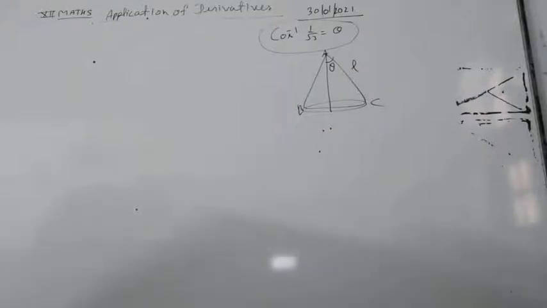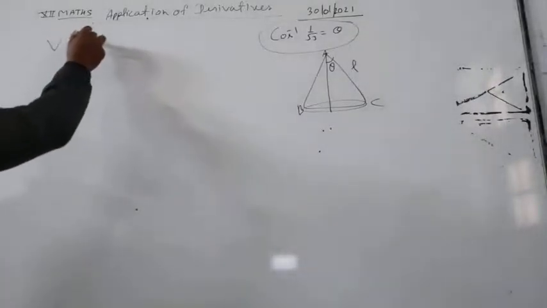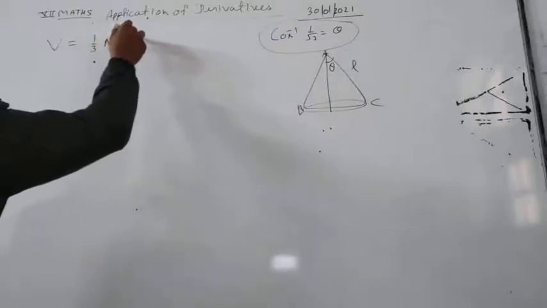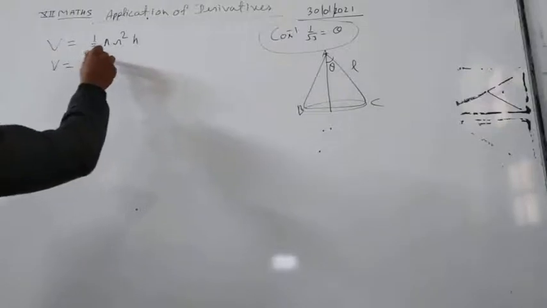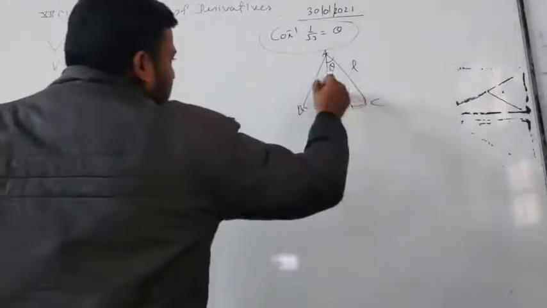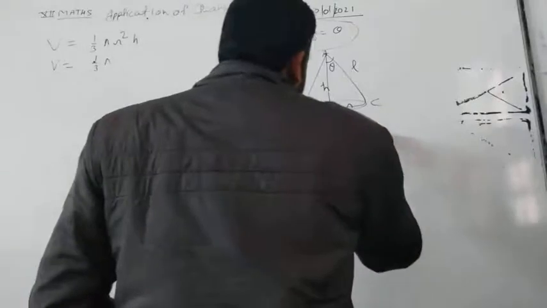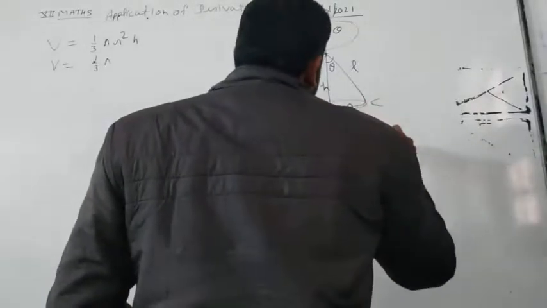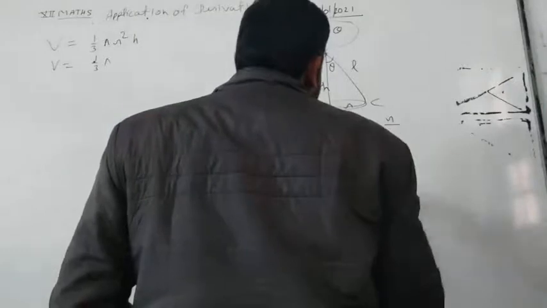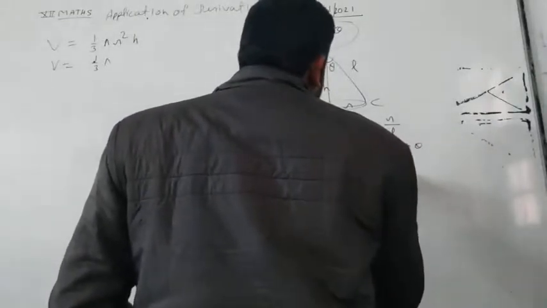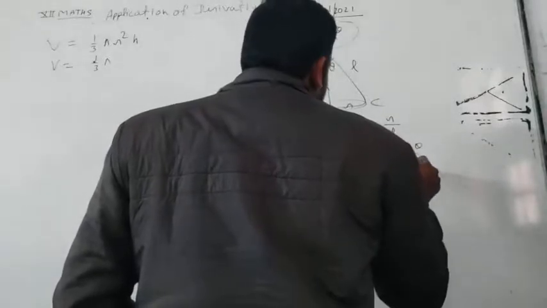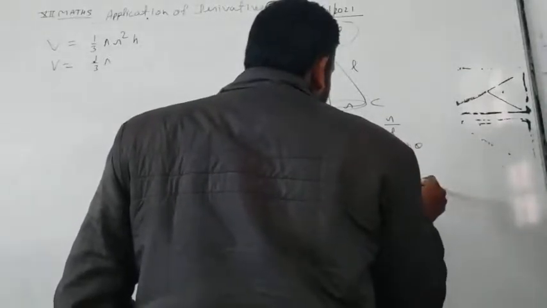You know that, students, we have to maximize its volume. So V is equal to 1 by 3 pi r square h, students. So 1 by 3 pi, this is r and this is h. So sin theta is r by L, so r is equal to L sin theta, and cos theta is h by L, so h is equal to L cos theta.